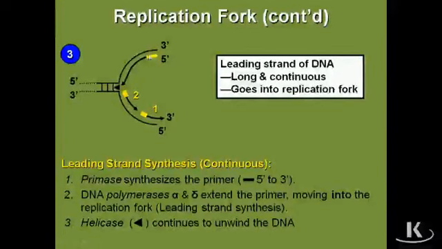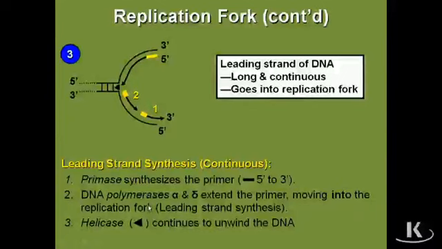What does this little yellow block represent at the 5' end of the DNA? That's the RNA section. Remember, RNA primase had to lay down a little RNA primer in order to get DNA polymerase going. So, for leading strand synthesis, the primase synthesizes the primer from 5' to 3'. That would be this right here.